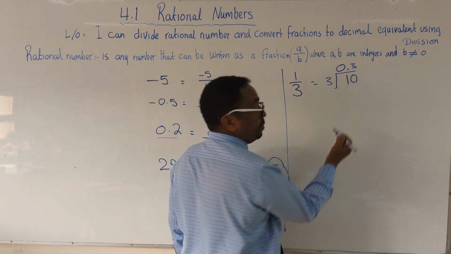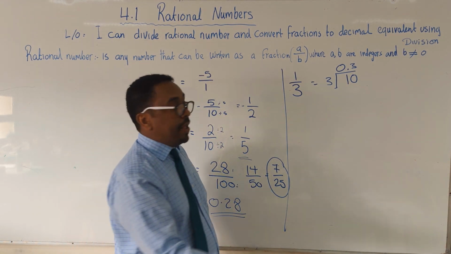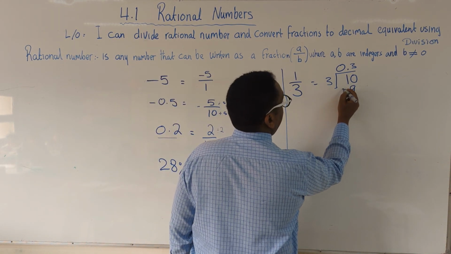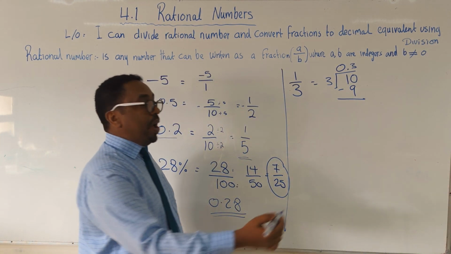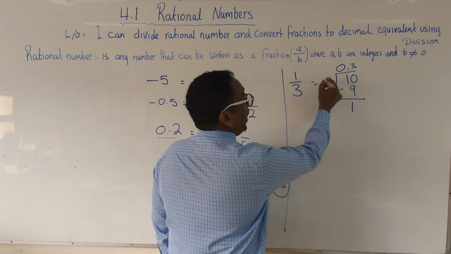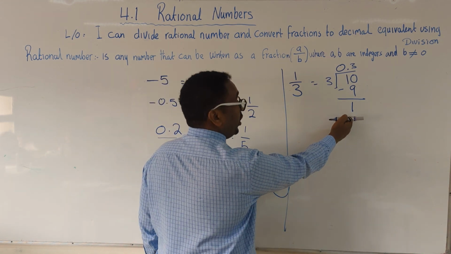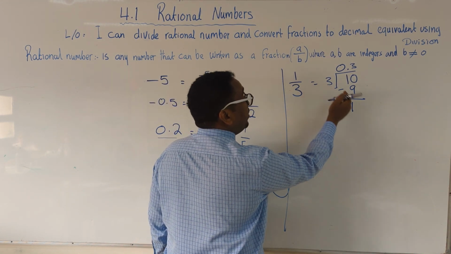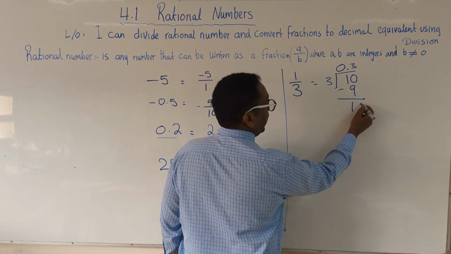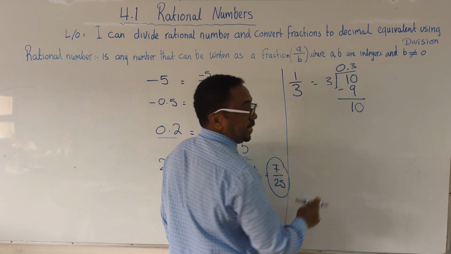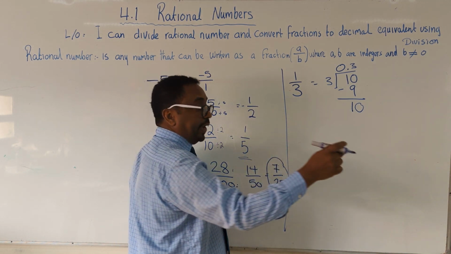Okay, and then we say 3 times 3? 9. So we put a 9 here and we take away. What's 10 take away 9? 1. So we have 1 here. Now again we continue because we don't have 0 here. How many 3's are in 1? 0. We add 0 again. Then how many 3's are in 10? 3 again.